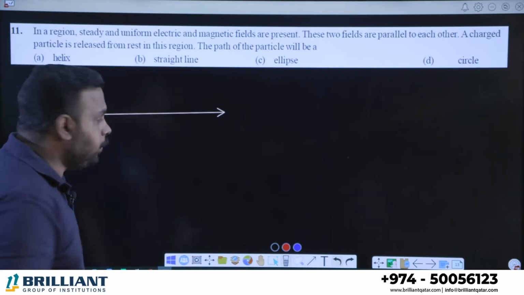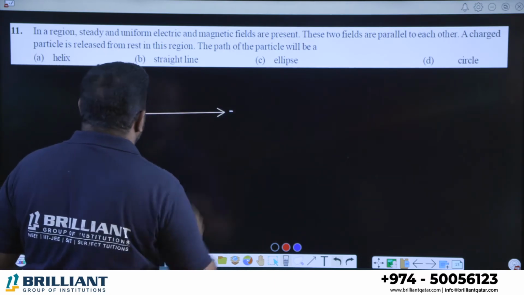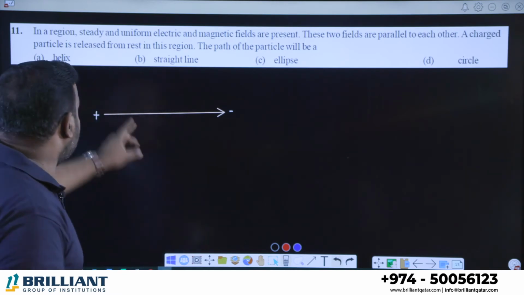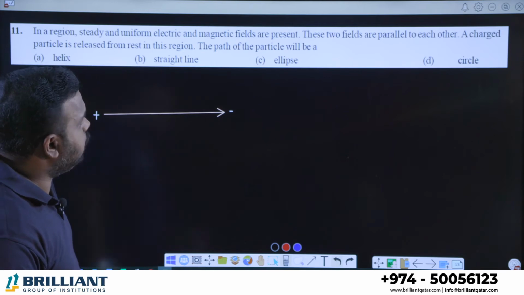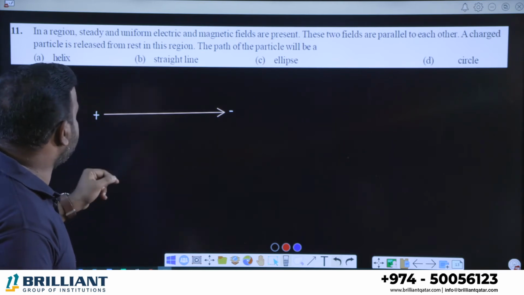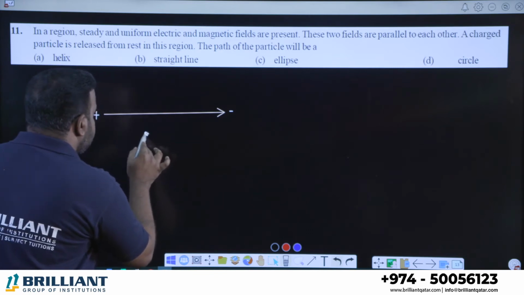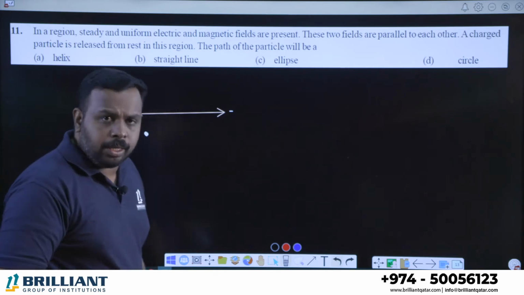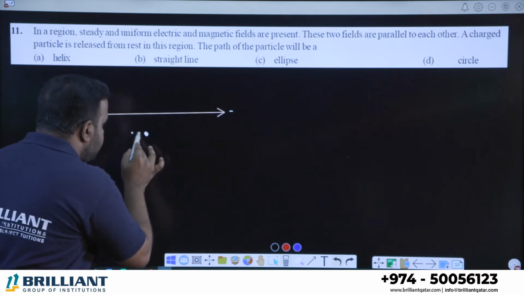All of us know that the direction of field is from positive charge to negative, starting from positive and ending at negative. These two fields are parallel to each other. A charged particle is released from rest. So I'm just keeping a charged particle, any charged particle. It can be a positive particle or a negative particle. Here I am considering it as a positive particle.